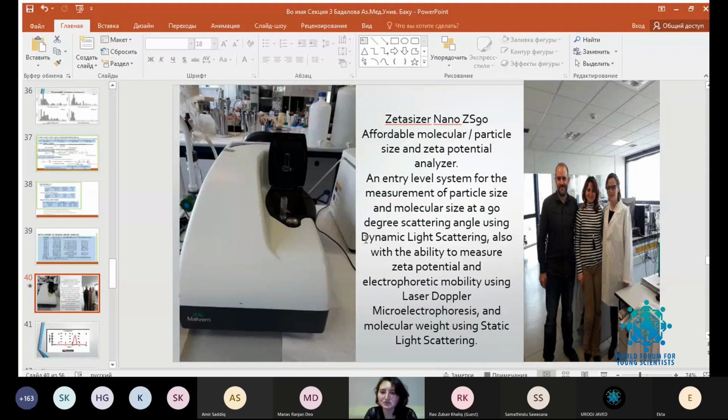An entry-level system for the measurement of particle size and molecular size at 90 degrees scattering angle using dynamic light scattering, also with the ability to measure zeta potential and electrophoretic mobility using laser Doppler microelectrophoresis, and molecular weight using static light scattering. This is at our team in Santiago de Compostela University, where I performed this work.